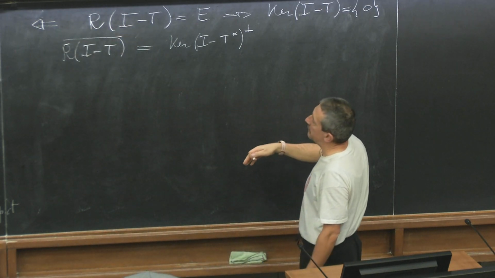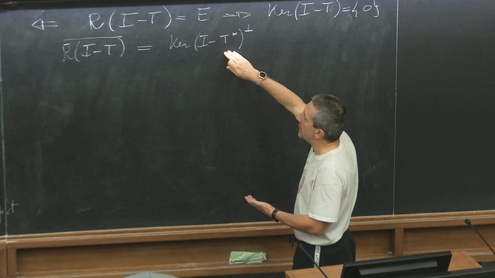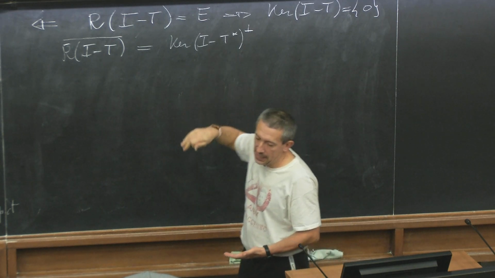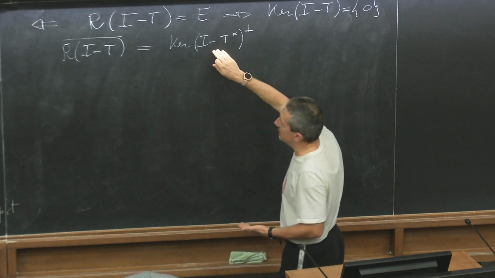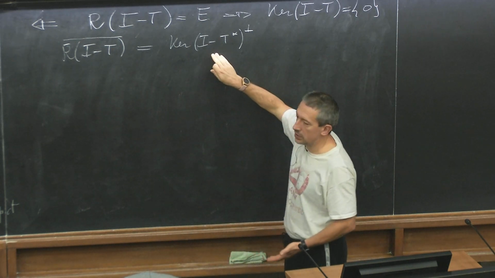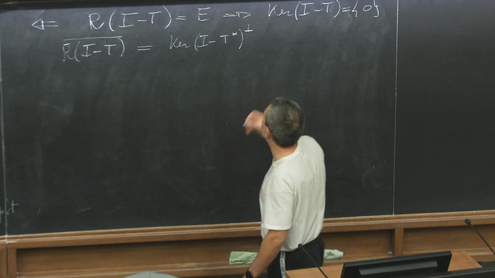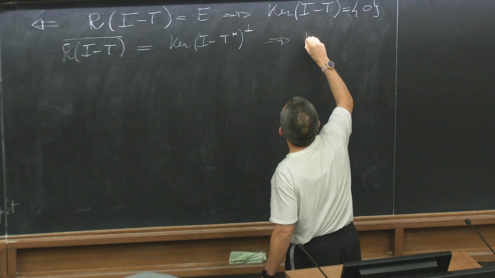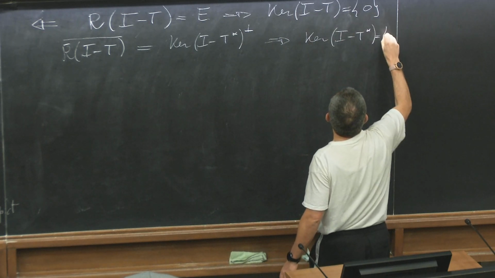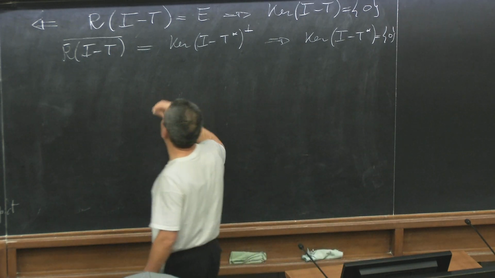So now, if this is the whole space, the only vector which is 0 on the whole space is 0. So this implies that the kernel of identity minus T star is 0.